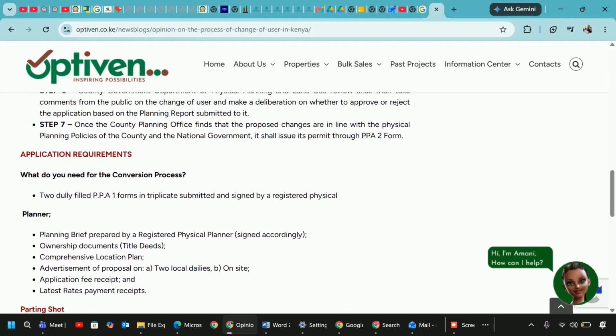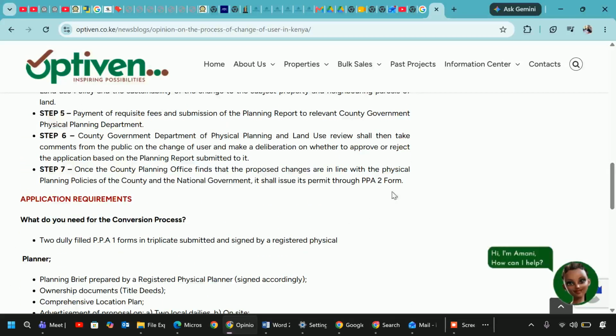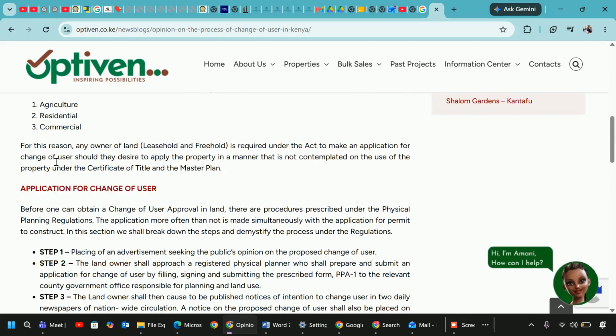But this is where we are saying, if you read normal blogs, we saw a blog saying that once you have received the PPA2, the form is not final. So the only remedy that we can have, if you're also paying attention, is that you will realize that some are saying that the advertisement is to be placed by the county government. Others are saying you are the one to place the advertisement. This is the reason why we do analysis of the various acts.